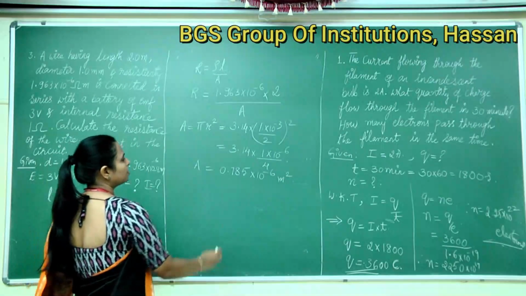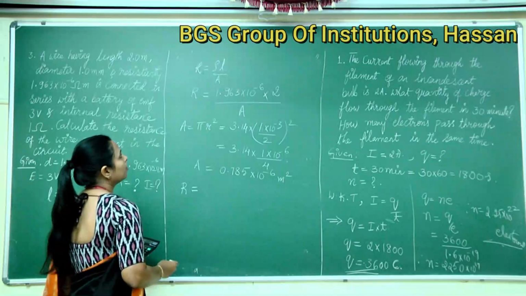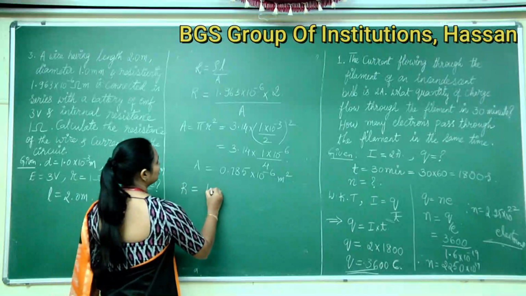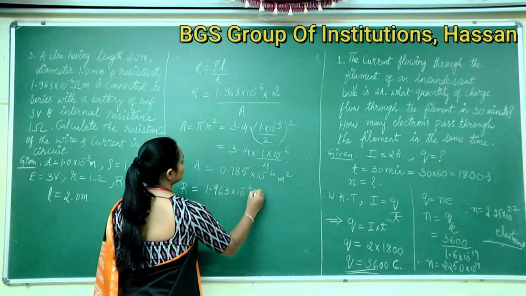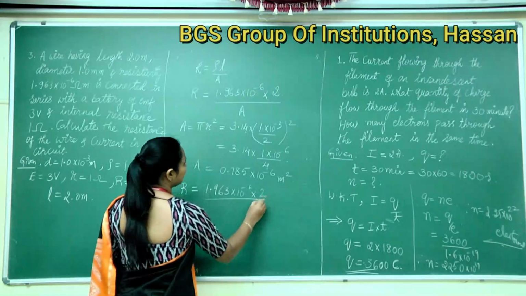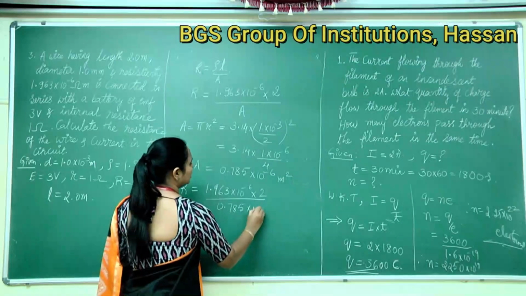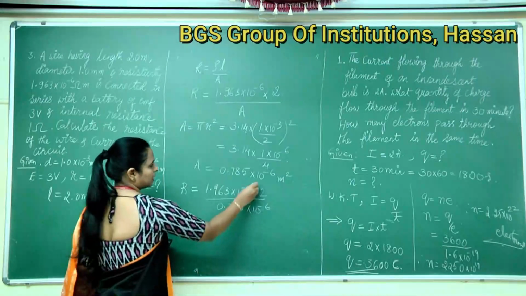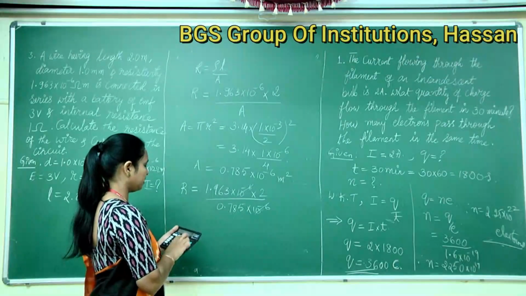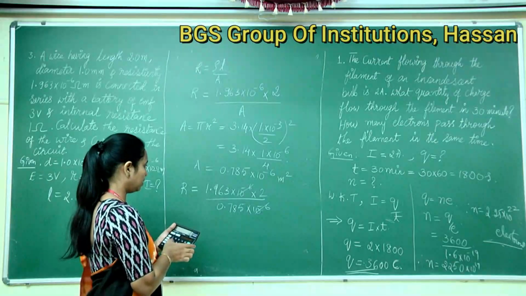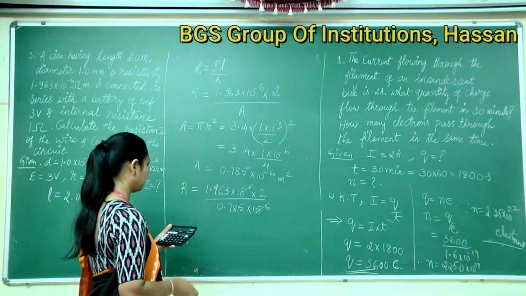So now substitute this value of area here in the formula for R, that is 1.963 into 10 power minus 6 into 2 divided by 0.785 into 10 power minus 6. 10 power minus 6 get cancelled. 1.963 into 2 divided by 0.785.